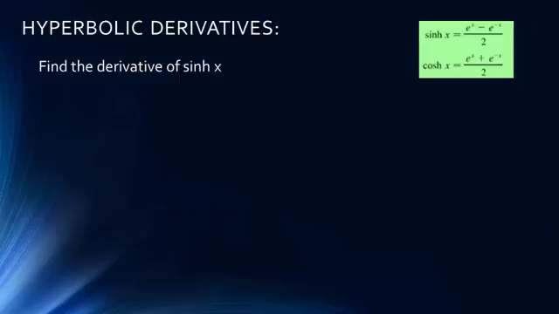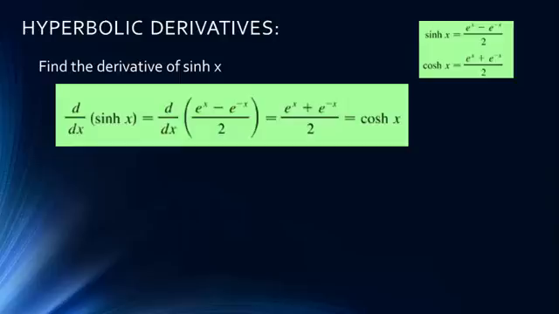So again, if we use the definition of hyperbolic sine up in the right corner in green, we could use that to find the derivative. Remember, here we have 1/2 times everything, so we can leave the 2 in the denominator because that's our coefficient rule for derivatives. The derivative of e to the x is simply e to the x minus the derivative of e to the negative x.